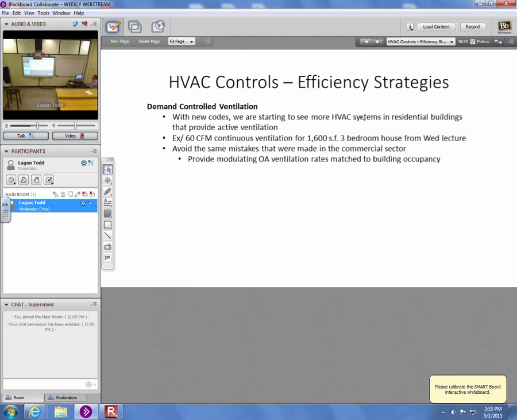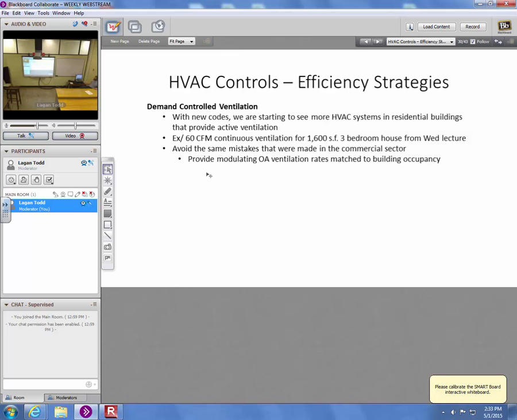And so with these new codes that require continuous ventilation in residential buildings, for example, we talked in the last lecture about how you might have a 3-bedroom, 1,600 square foot house where the new code would require 60 CFM continuous ventilation. We should look for ways to avoid the same mistakes that were made in the commercial sector for so long before they started doing demand control ventilation.